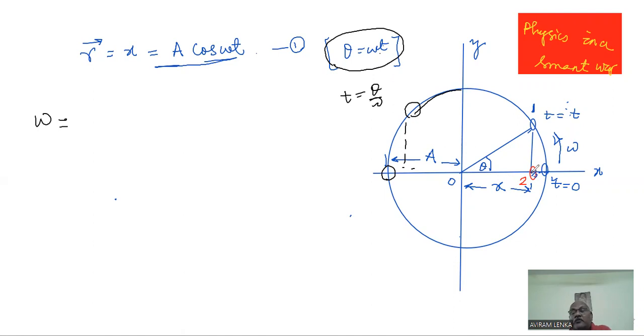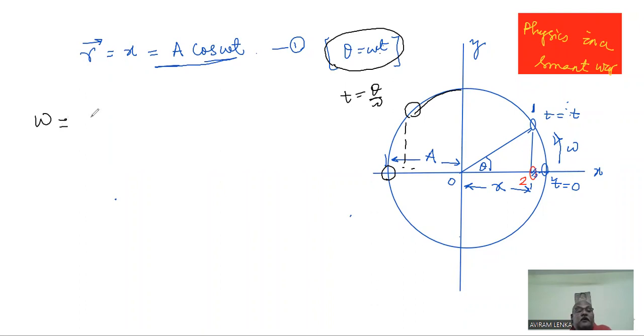But after some time, we lose all those props. We consider only the motion of the foot of the perpendicular. Considering this as a real body, the foot of the perpendicular just moves to and fro. That doesn't make any circular motion. Circular motion is already gone. Okay, so if you say omega is angular speed, people will laugh.